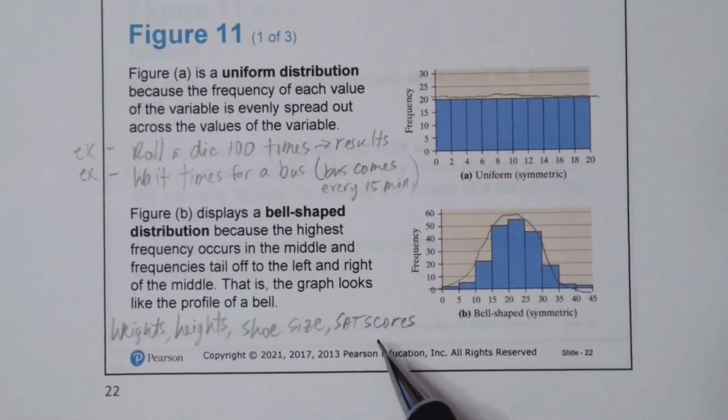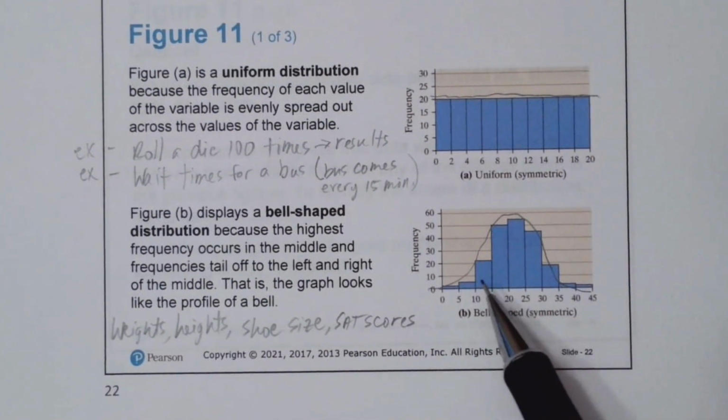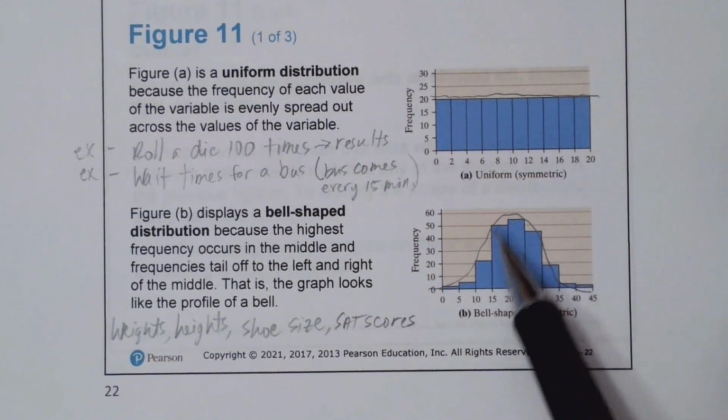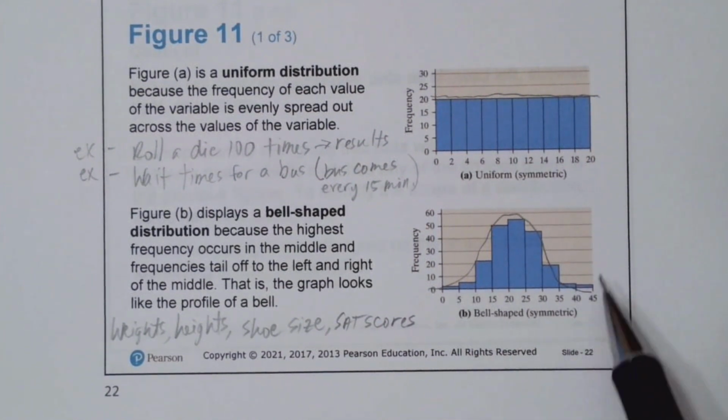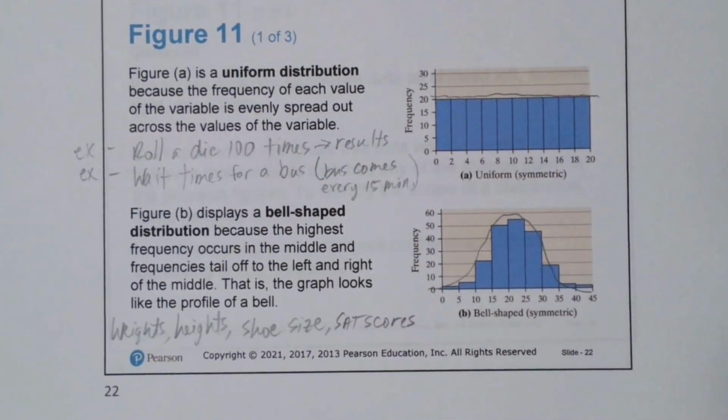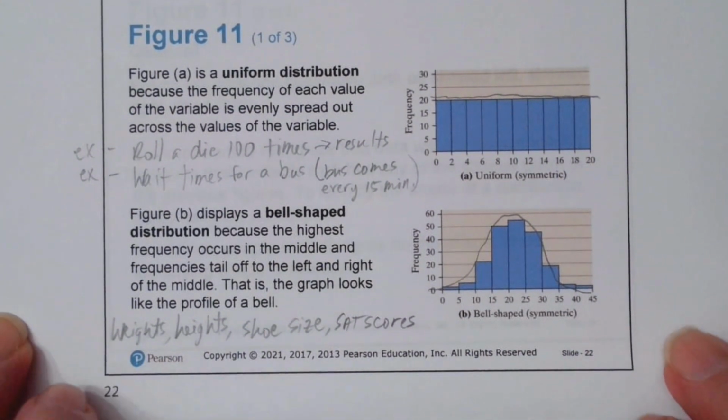For example, in the United States, we could look at SAT scores of college students in a given year. So these are the kinds of things where most people are going to be in the middle, and then you have your low scores and your high scores, and it tends to have that bell shape. A lot of data has that kind of distribution.